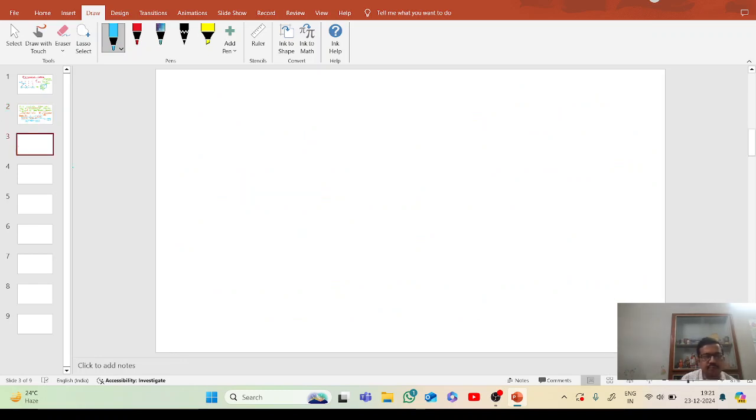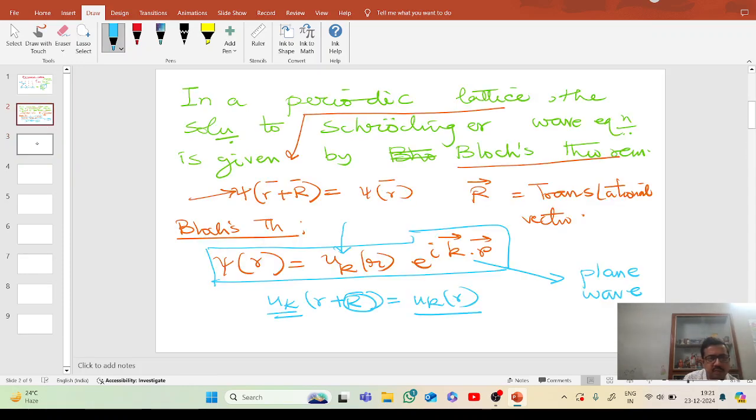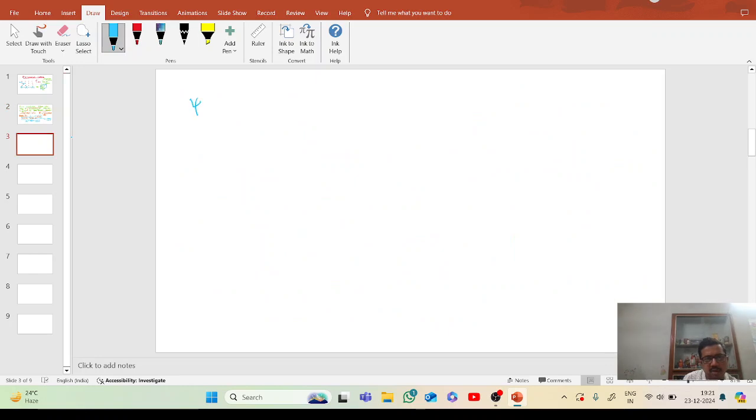Now, so let us try to see what is the form of Bloch wave after a translation of a translation vector capital R. So psi of r plus R is equal to u_k of r plus R. We are just putting r plus R in place of r.